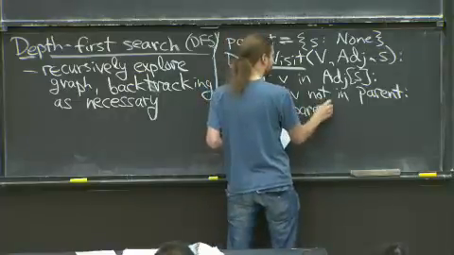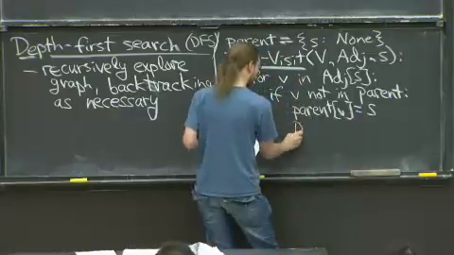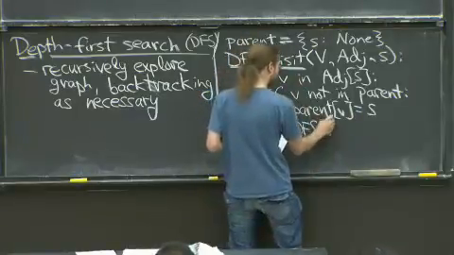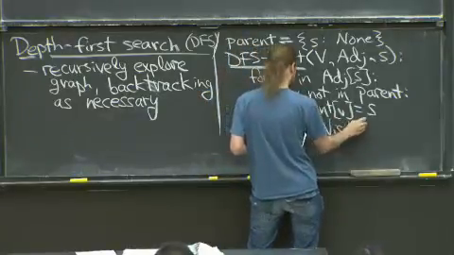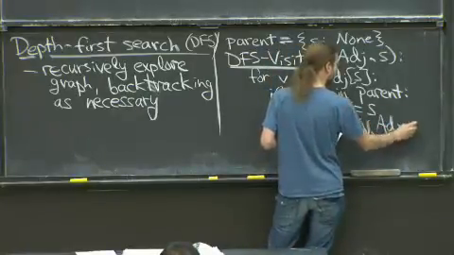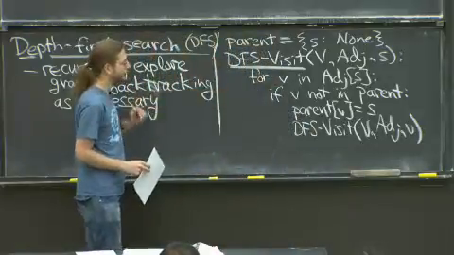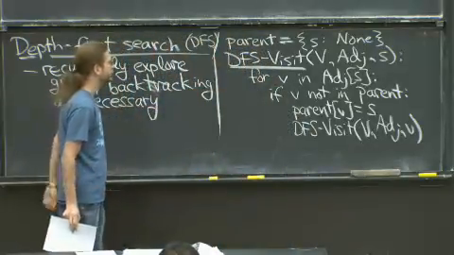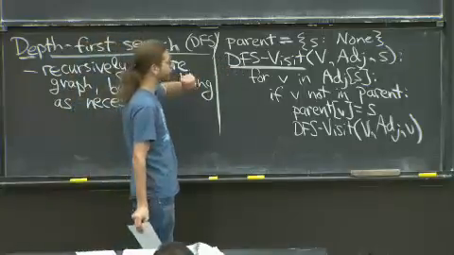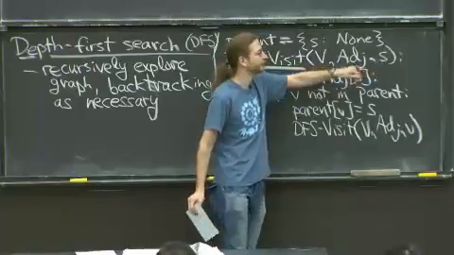It's 4 lines. That's it. I'm going to write a little bit of code after this, but this is basic depth-first search. This will visit all the vertices reachable from a given source vertex S.